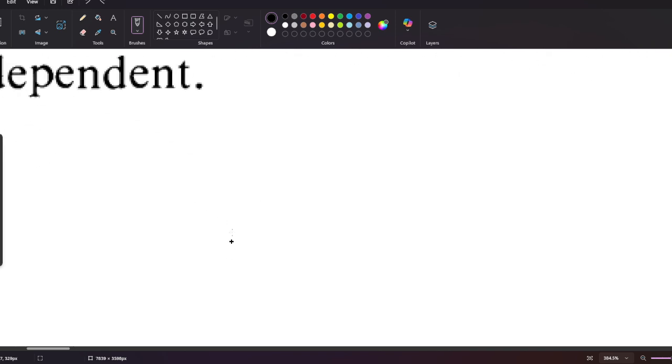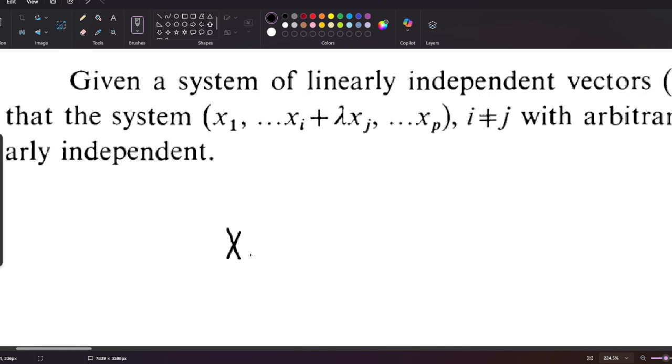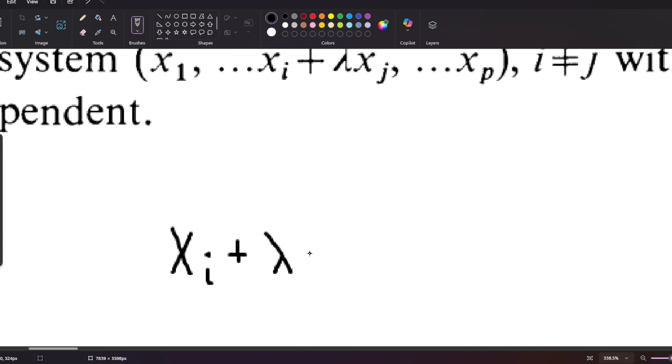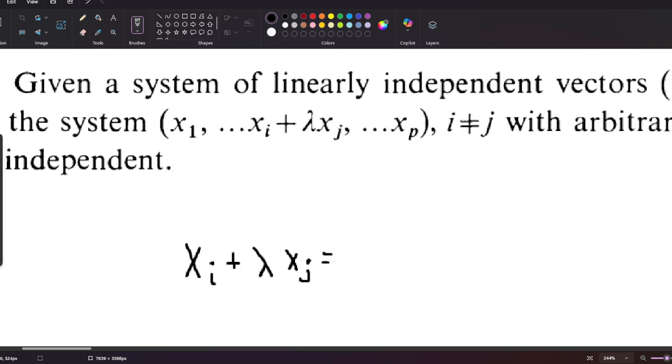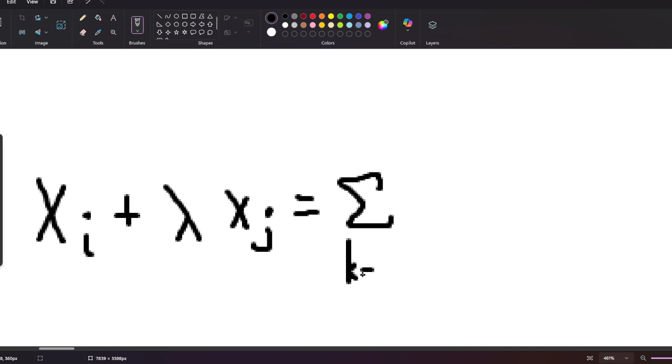So the only thing we really have to check is if you can linearly compose it out of the rest of the elements. So let's write down xi plus lambda xj equals the sum. Let's take variable k for the sum here, and let's take a sequence alpha, for example, alpha k times xk.